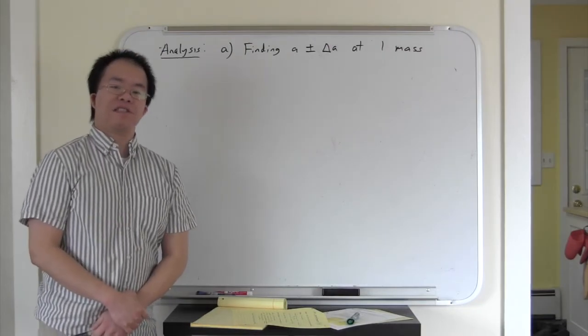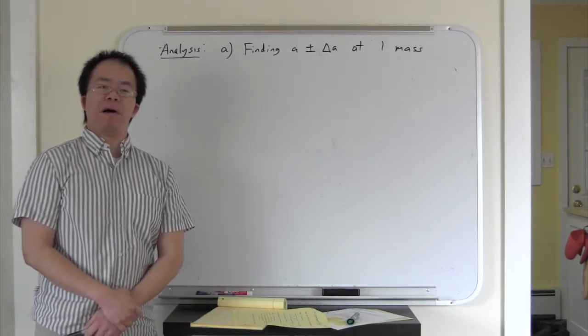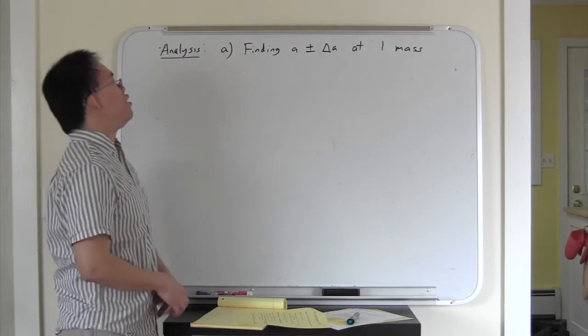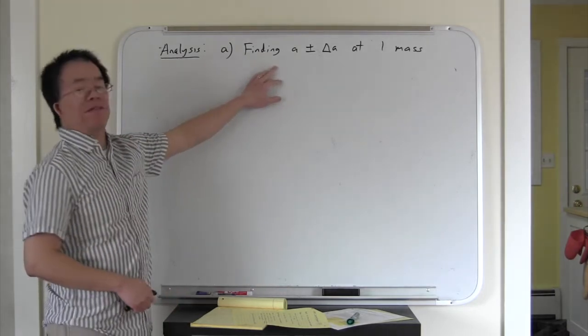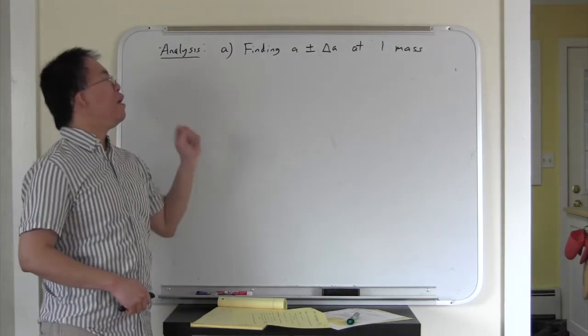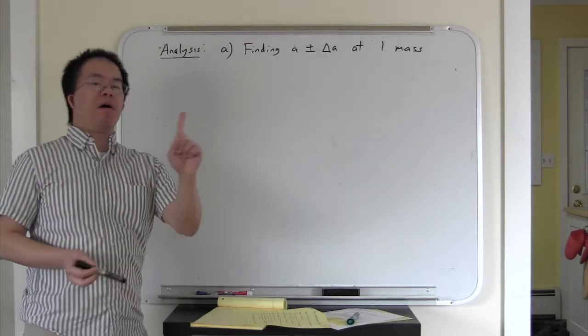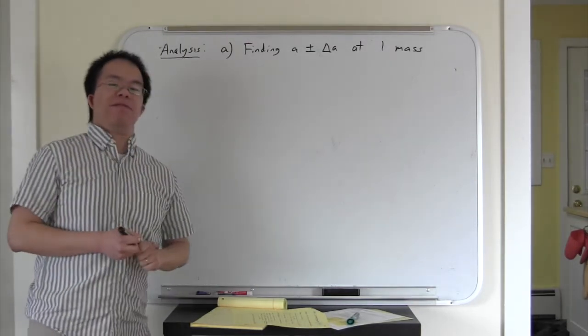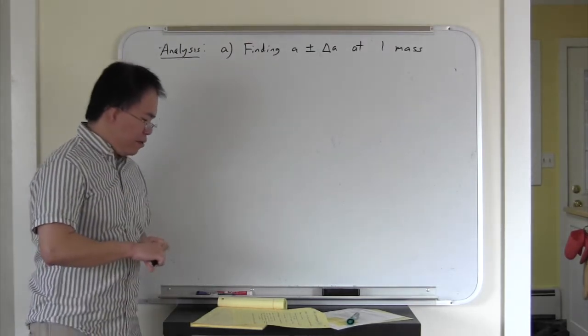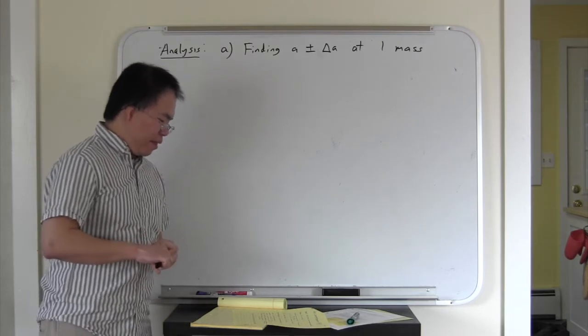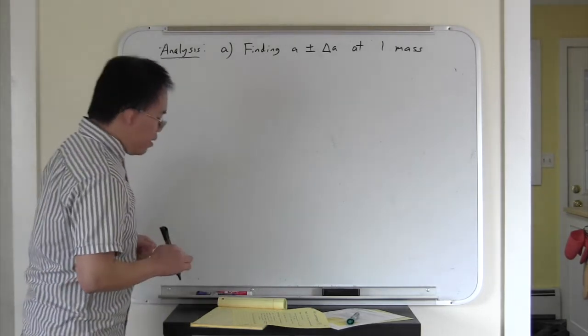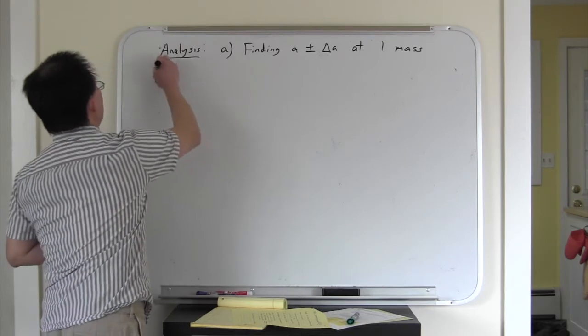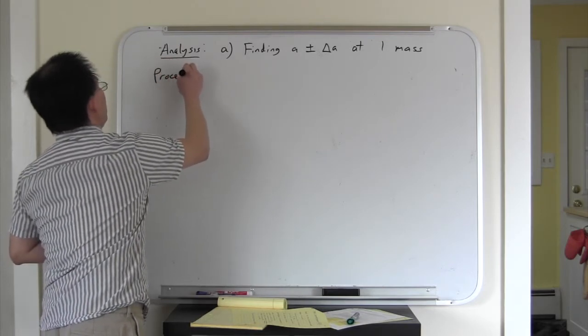So the first analysis task that I want to talk about to make sure we're all on the same page is the following: finding the acceleration and its uncertainty for one value of the hanging mass. Just to remind you, the process is going to go like this.